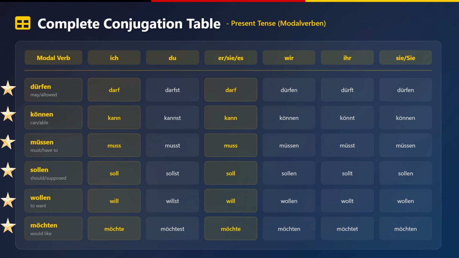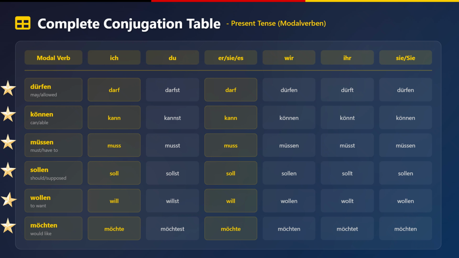For müssen, ich muss, du musst, er/sie muss, wir müssen, ihr müsst, sie müssen. For sollen, ich soll, du sollst, er/sie soll, wir sollen, ihr sollt, sie sollen.